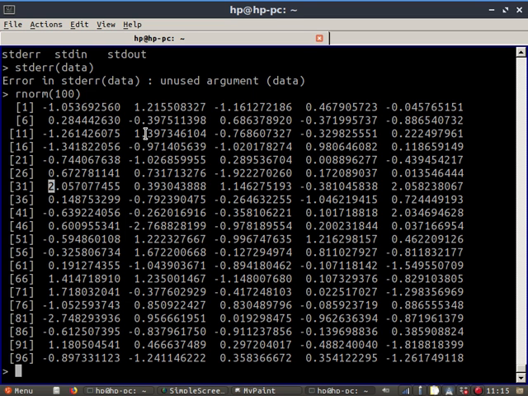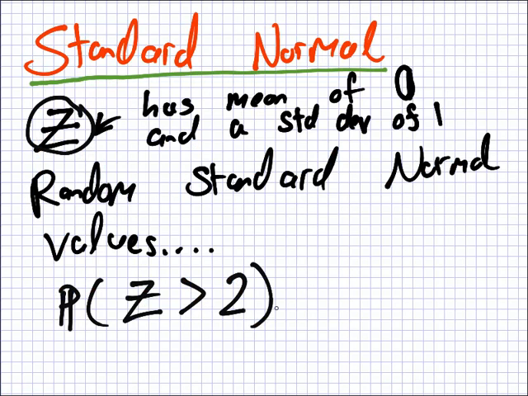So about 3. If you were to pick a random number like this, about 3% of the time it would be bigger than 2. Of course, we need a precise way to calculate this, and there is a way to calculate this using the table book here.